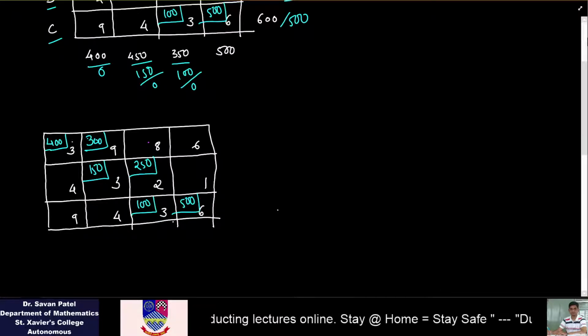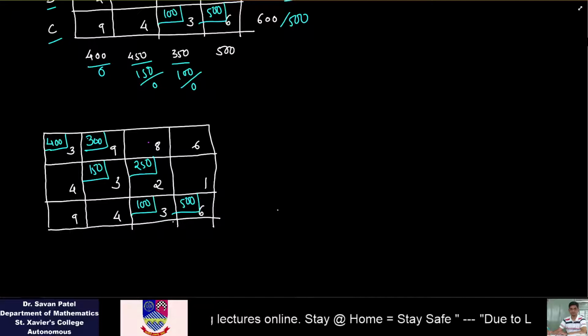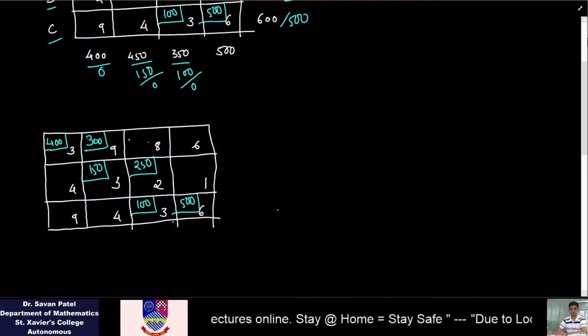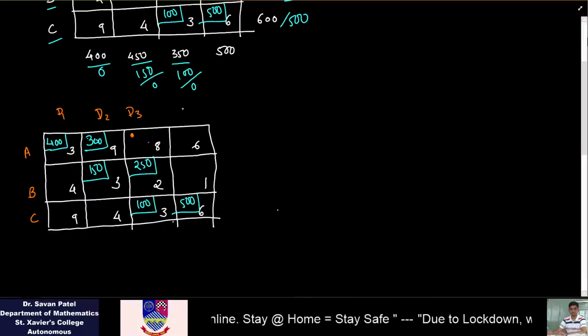At each and every point where allocation is not done, we have to identify the additional transportation cost. So I am starting from the first point, this one. Let me recall that these are A, B, C and these are D1, D2, D3 and D4.